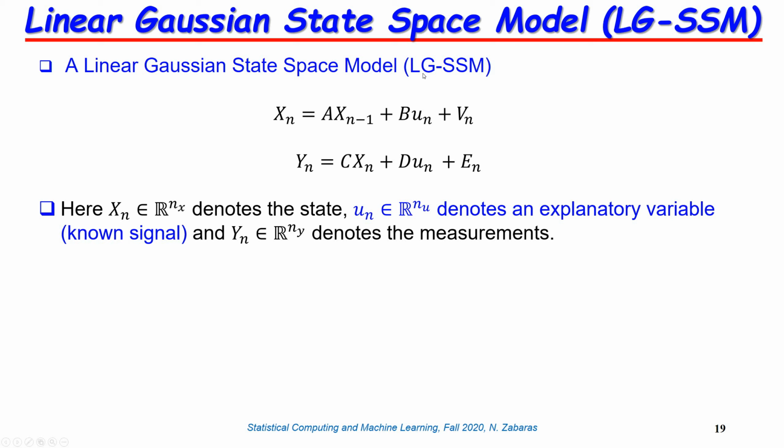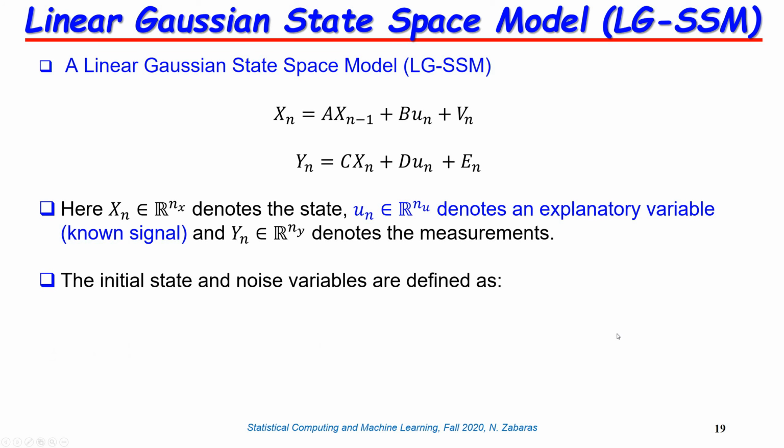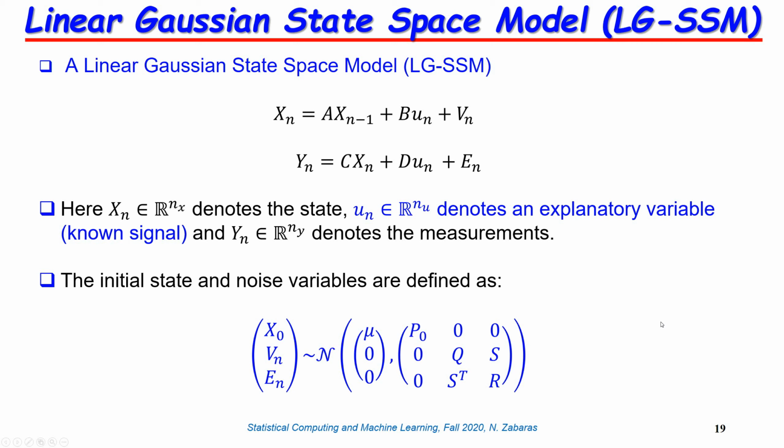And of course, it says here linear Gaussian model. That implies immediately that these variables v and e are Gaussian random variables. So here are the supplementary equations to define this model. The initial state is some Gaussian model, and the noise variables v and e are also sampled from some Gaussian model. Now, the good news with this linear state space model is that there is an exact solution, and that exact solution goes with the name of Kalman filtering.